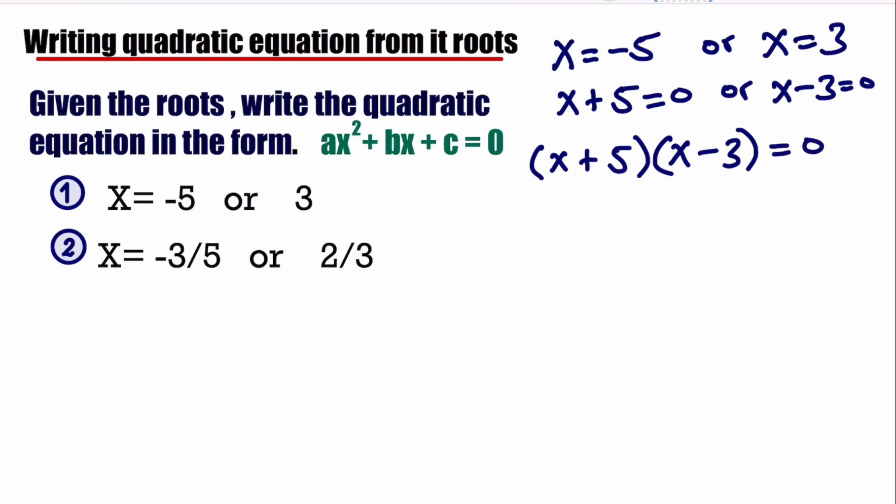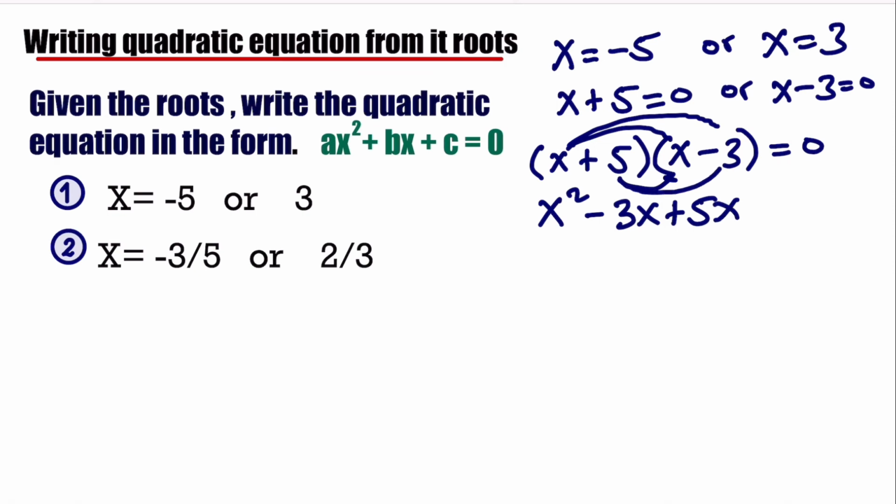So if we multiply this, we are going to have x squared. x times minus 3 will give us minus 3x. x times 5 will give us plus 5x. 5 times minus 3 will give us minus 15, which equals 0.